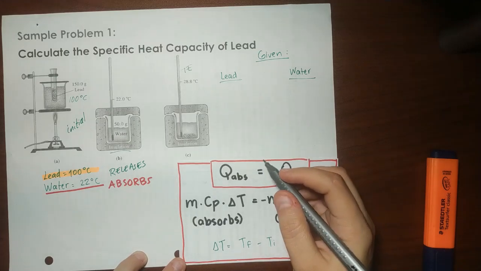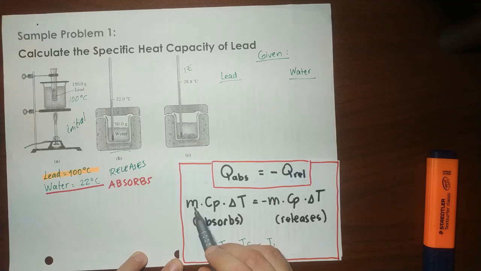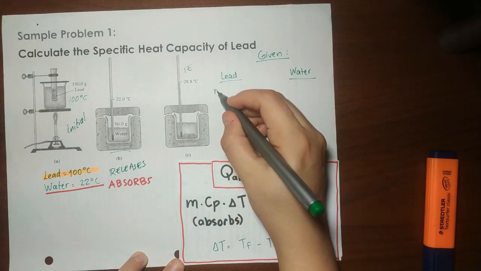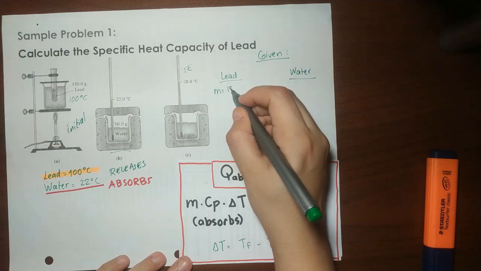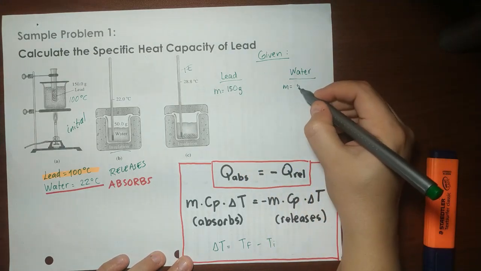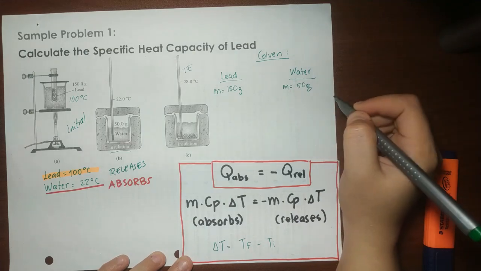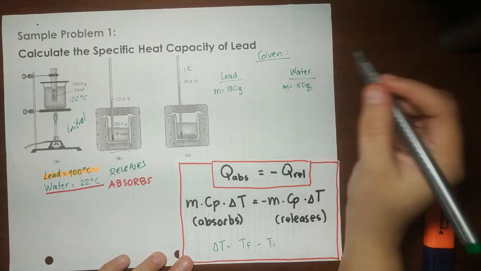Now, I need masses of both, of water and of lead. So, my lead's mass is 150 grams. My water mass is 50 grams. As it is in grams, we're going to do a conversion, but not yet.